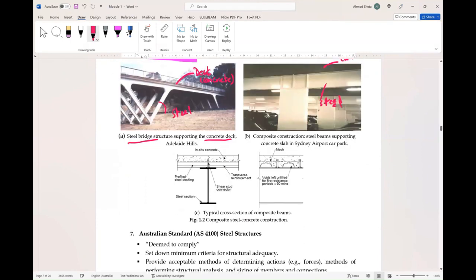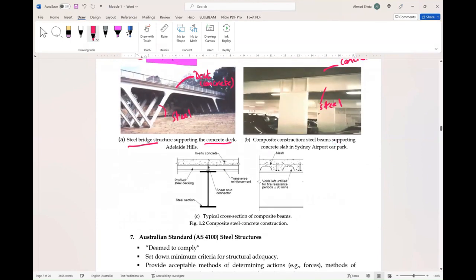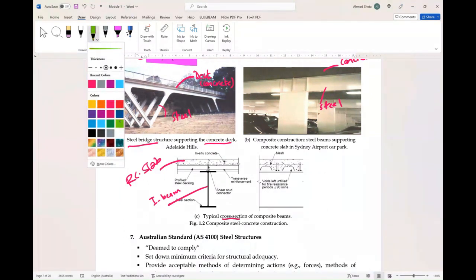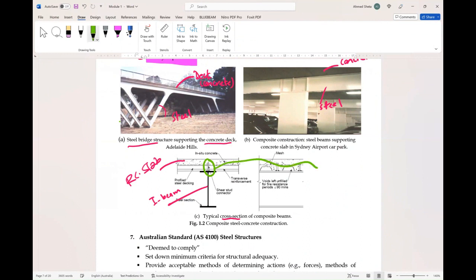And this is a typical cross section of a composite beam. This is a steel I beam section, and this is a reinforced concrete slab. And as mentioned before, this is a shear stud.